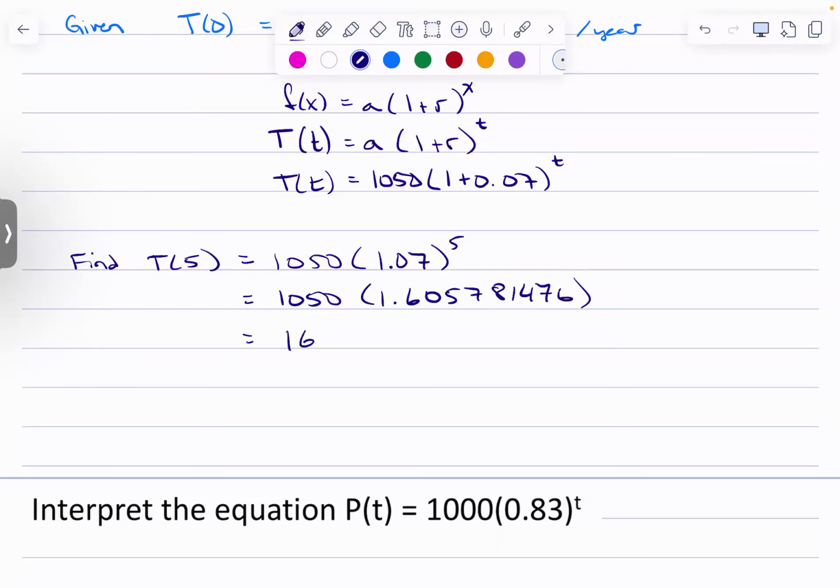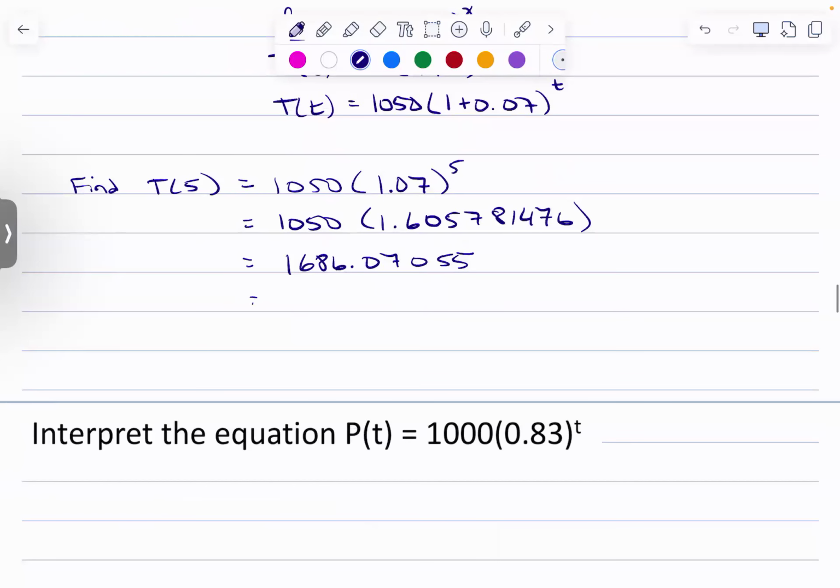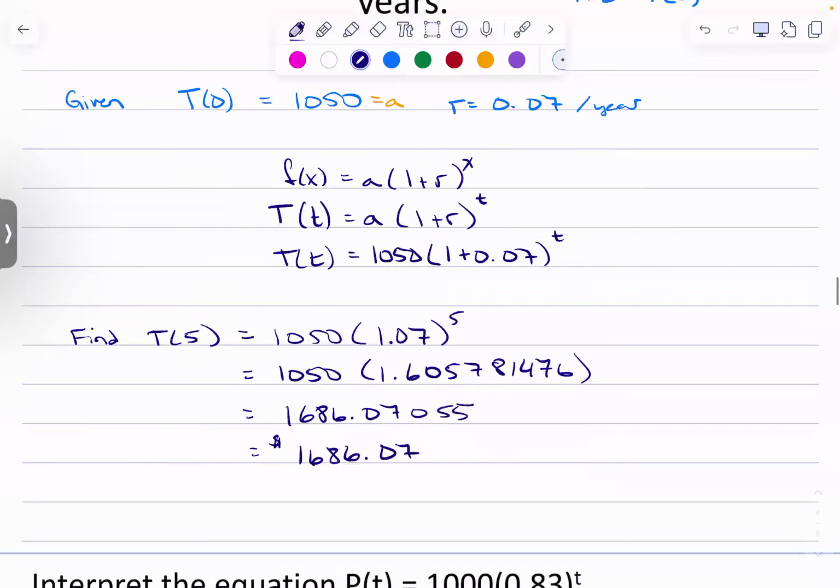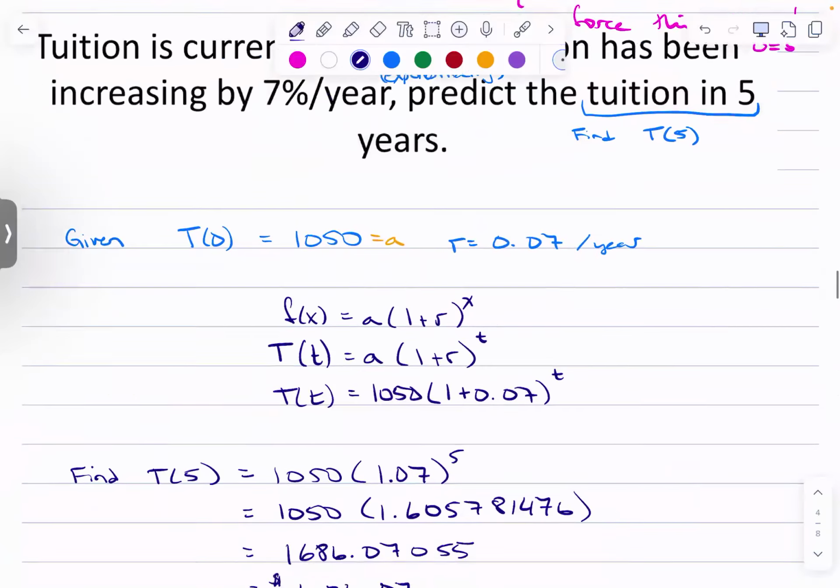I get 1686.07055. Now this is money, and for money, we round to 2 decimal places, right? And so here, 1,686 and 7 pennies in 5 years.